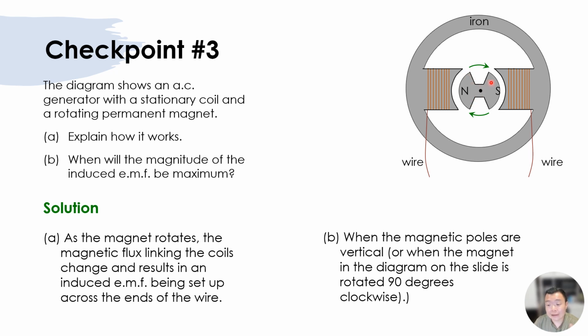And this only takes place when the magnet is about to go to a vertical orientation and then turn over the other direction. All right, so when the magnet is vertical, the coils will experience a drastic and maximum, very big change in the magnetic flux, because the magnetic field lines change from north to south. And therefore this is where the induced EMF will be the strongest.